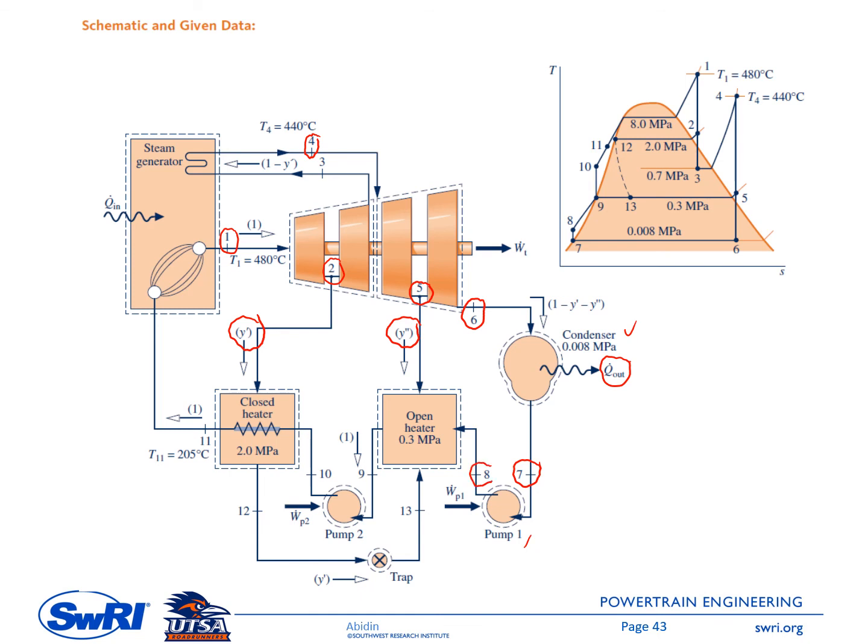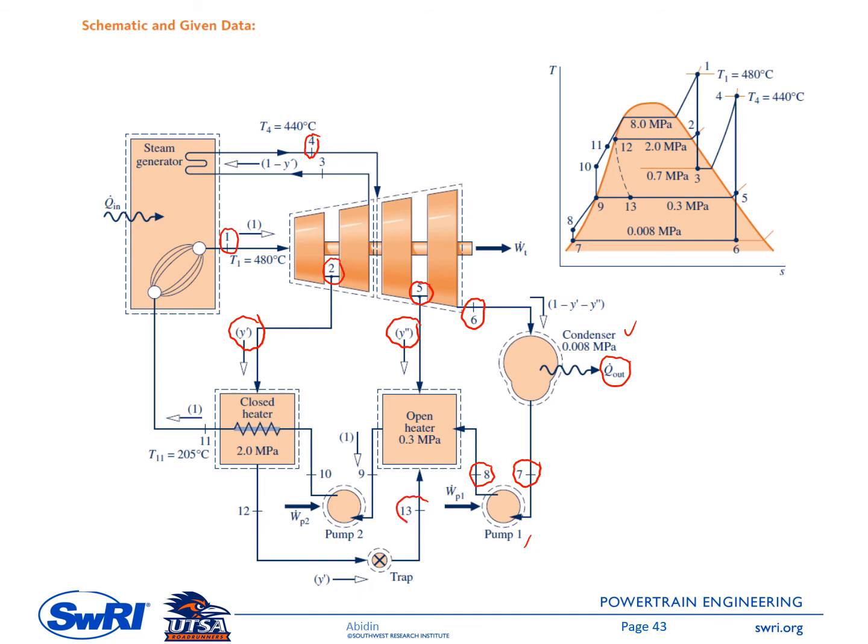So this is step number 8, and then this fluid mixed with the extracted fluid from step number 5 here, and the amount of these two streams is in such a way... Oh, wait a moment, we also have another stream coming into the feed water heater.